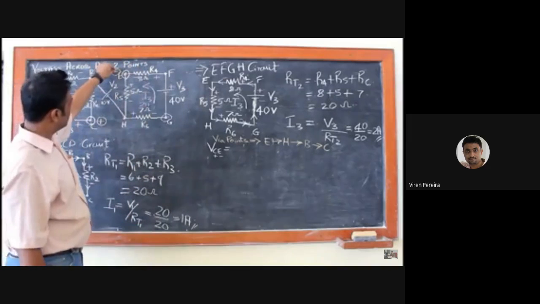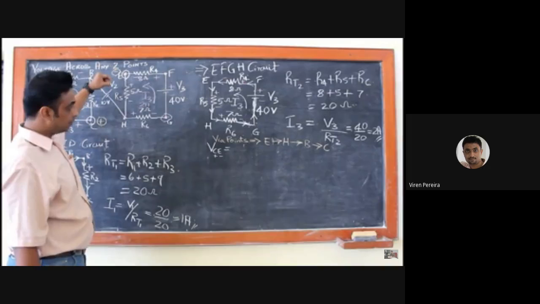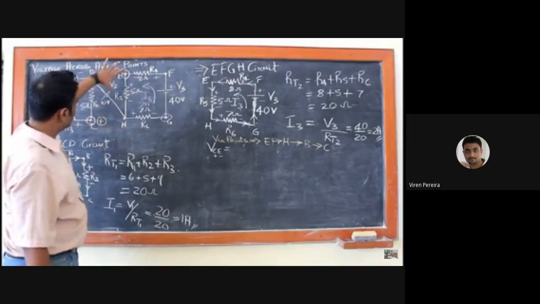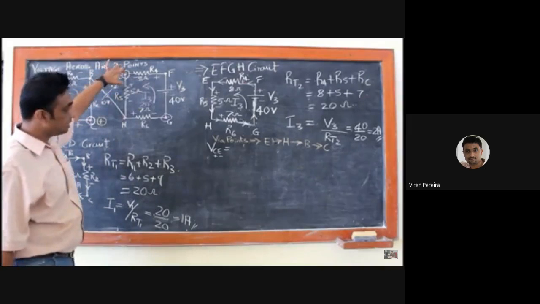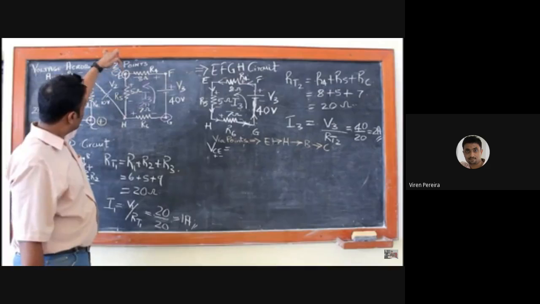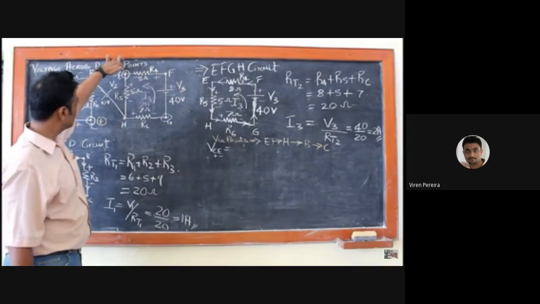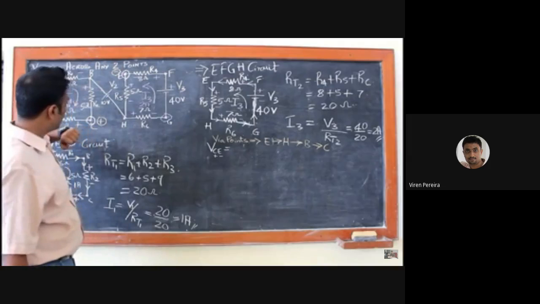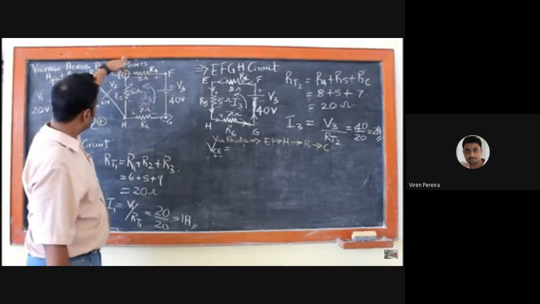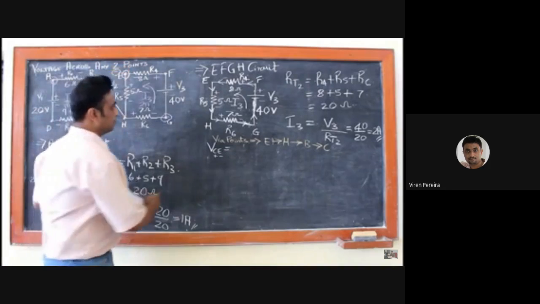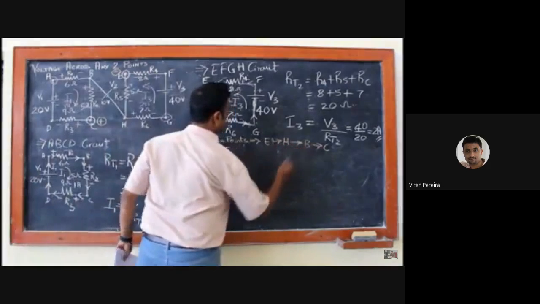So I have to find out the voltage across these 2 points with respect to C and E. So if we are starting from the negative terminal and ending at the positive terminal, the points are E, negative, B, C.